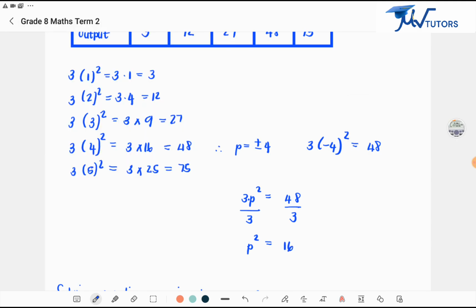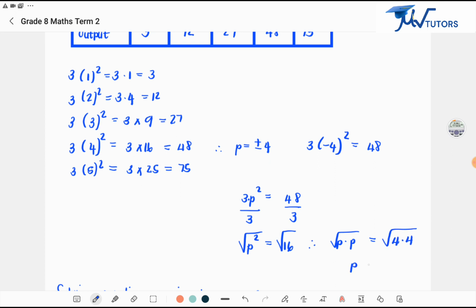Now, how do I get rid of the square? If I have a square there, like p squared, a way of getting rid of it so that I have p alone is to put a square root. And what I do on the left, I have to do on the right. Remember, p squared is like saying p times p. 16, I hope you remember, is actually 4 times 4.